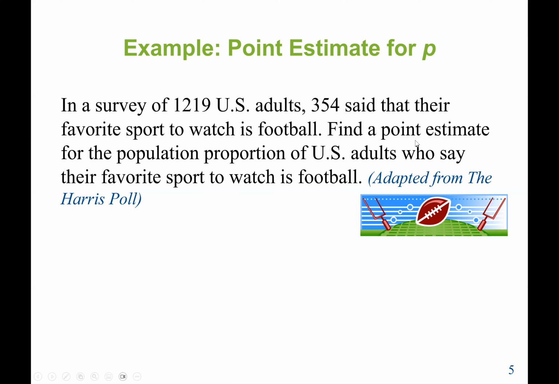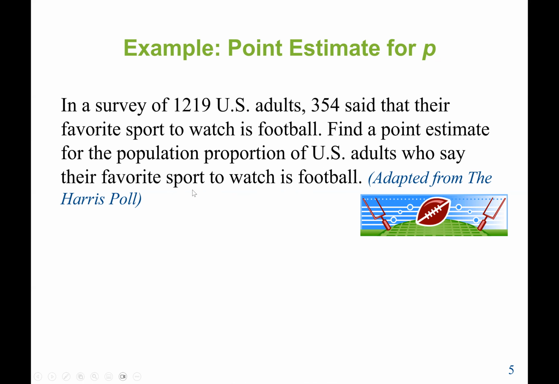Now find a point estimate for the population proportion of US adults who say their favorite sport to watch is football. Now here we know the total sample size, which is the survey of 1219 US adults. And out of the 1219, 354 said they like football.